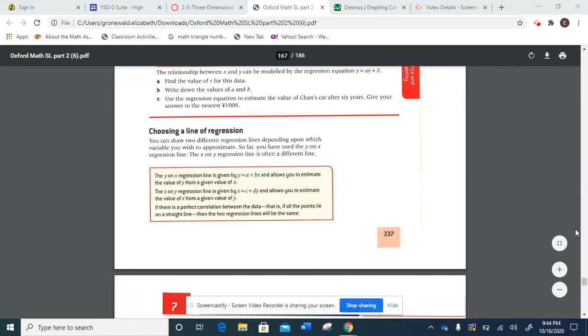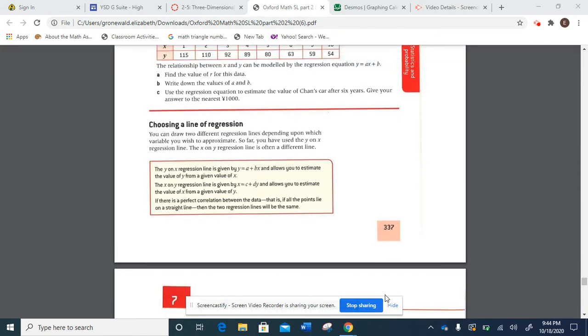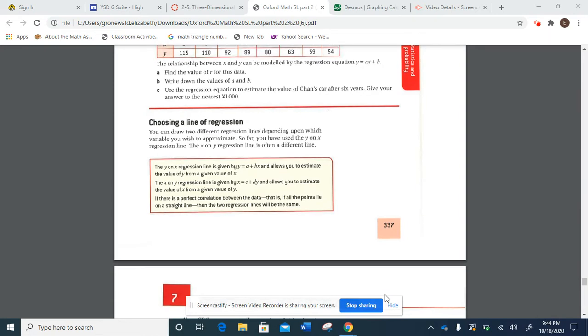So choosing a line of regression, you can do two different regression lines depending on the variable, and you can approximate those variables depending on which one you want to focus on. So far we've been doing the y on x regression line, but you can switch those if you want to. The format they use is not the normal y equals mx plus b.